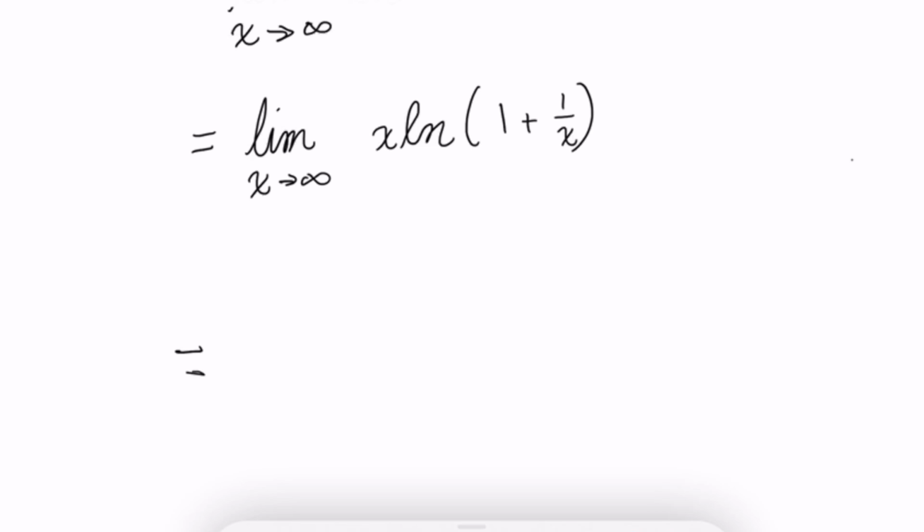I'm not going to get into the logic and reasoning behind this, whether you understand it or not. Our next step is we need to make x the reciprocal. That's the little trick right there. Multiplying something by x is the same thing as dividing something by 1 over x.